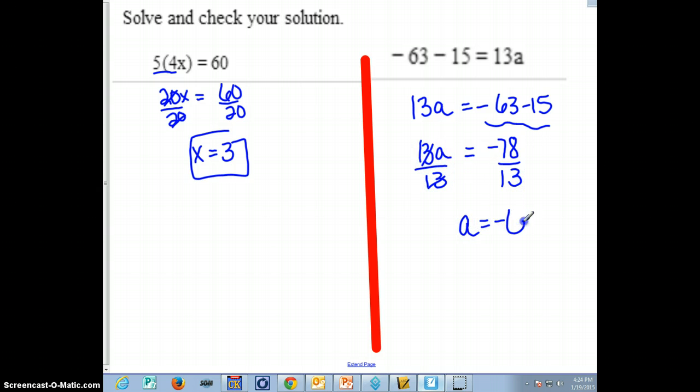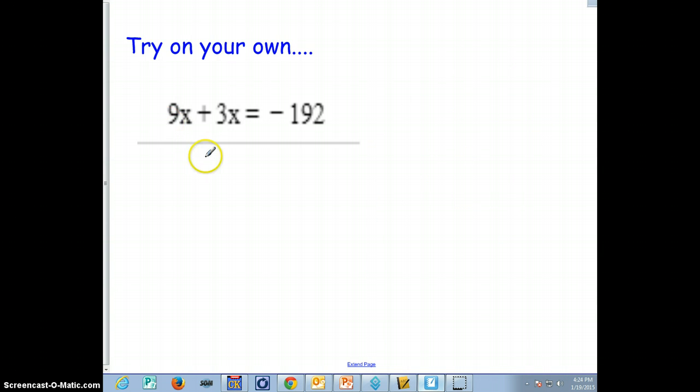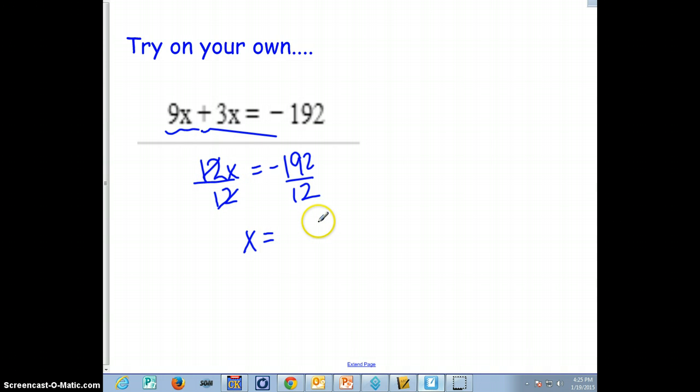And a equals -6. Okay, these two together would give me 12x. Divide both sides by 12. End up with -16.